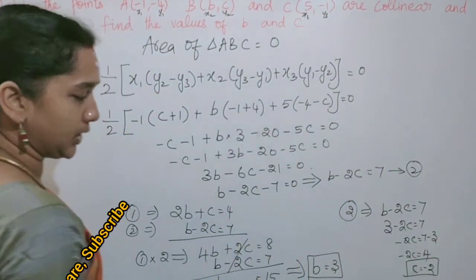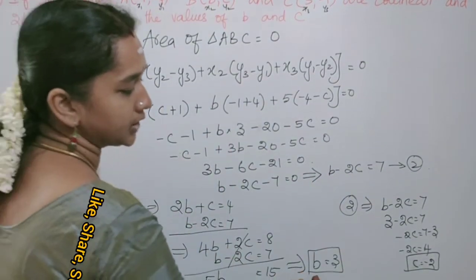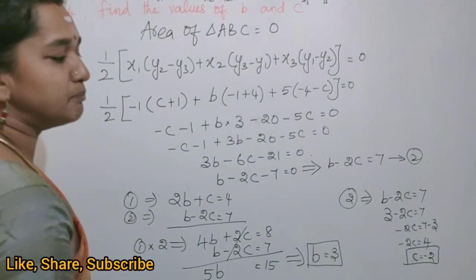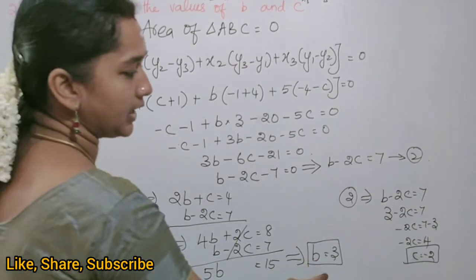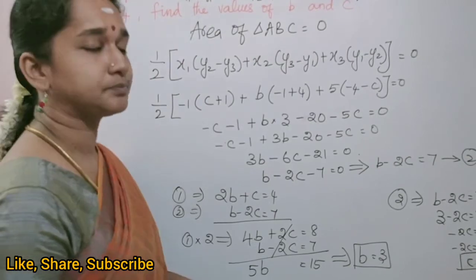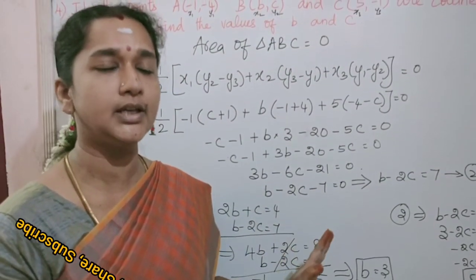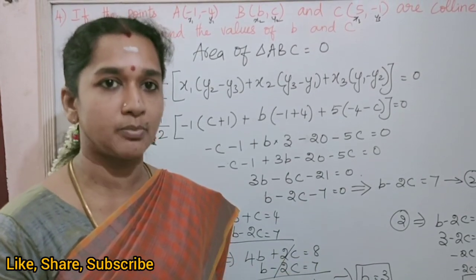Simplifying that and the second equation, I get b as 3 and c as minus 2. With this, I have completed exercise 7.3, extra sums also completed. So the full chapter coordinate geometry is completed.